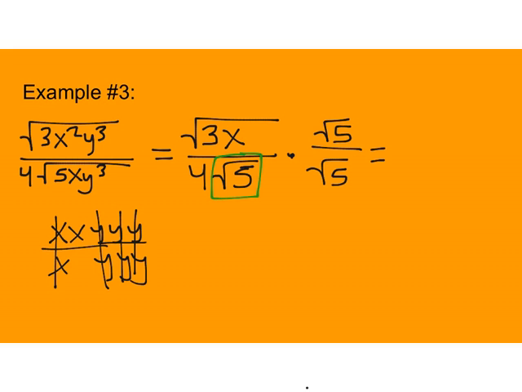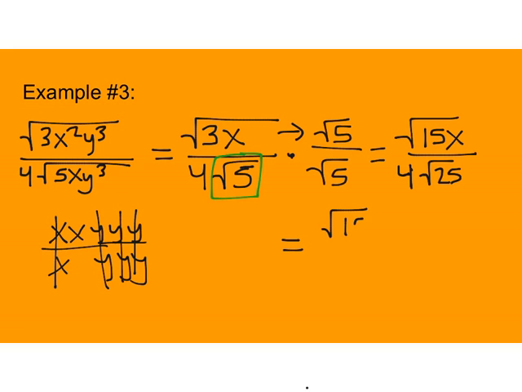Now I multiply straight across like I would normally. They're both in the radical, so we multiply the 3 and the 5, so we have 15, and then x. Then we have our 4, and we only get to multiply the things inside the radical. So 5 times 5 is the square root of 25, but the square root of 25 is 5.